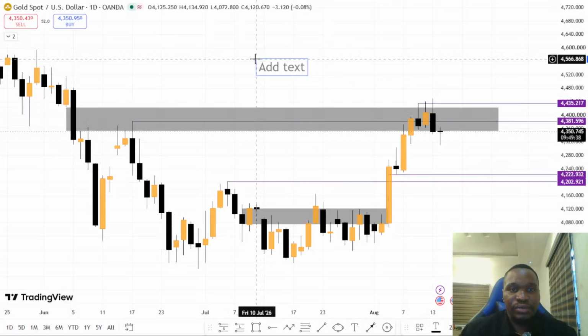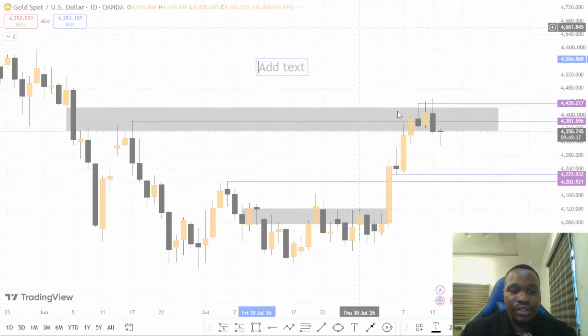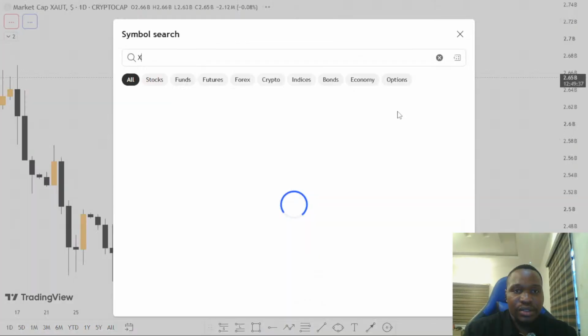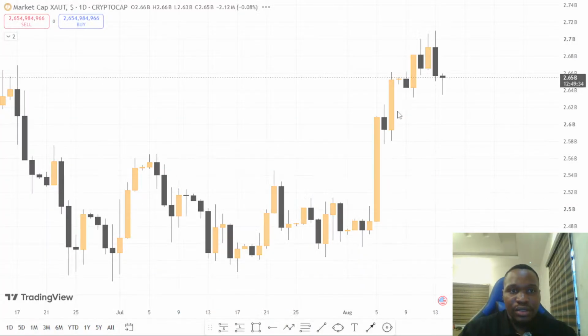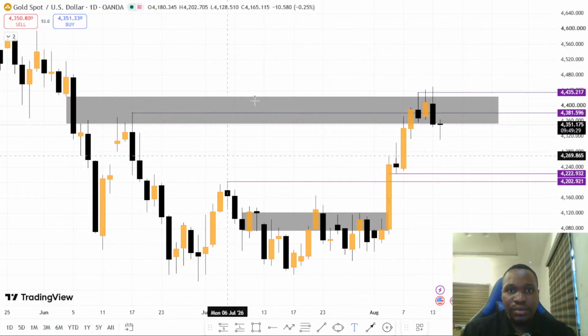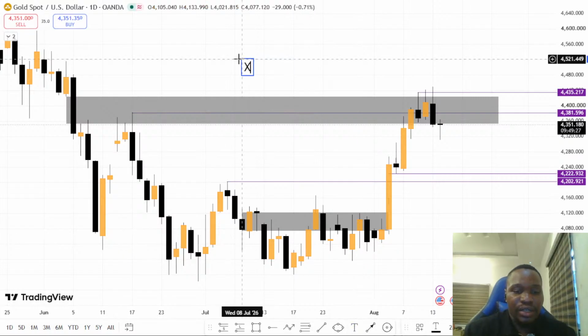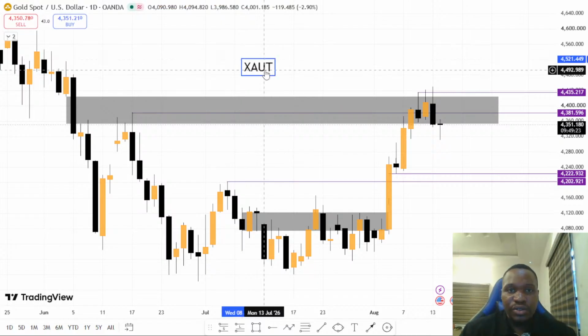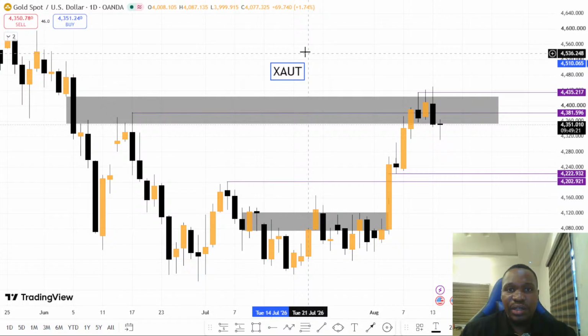So that's the gold token. You can go to your Headway account, search gold token, and you find this to trade with.